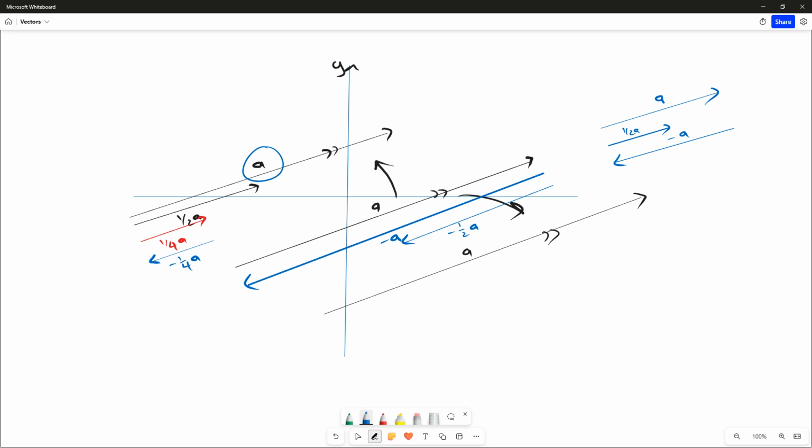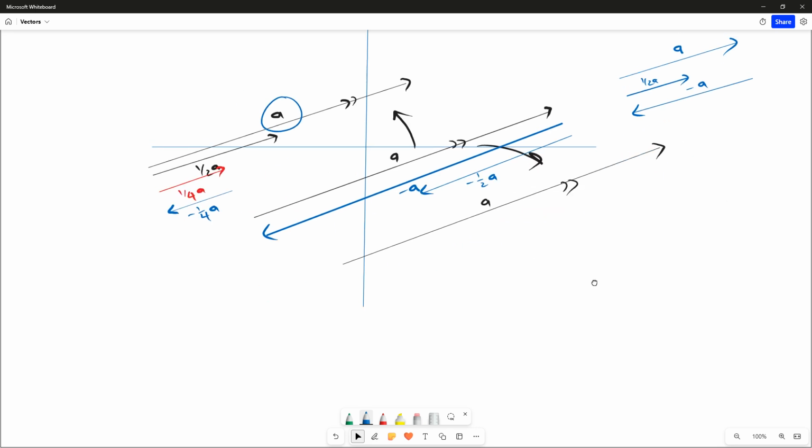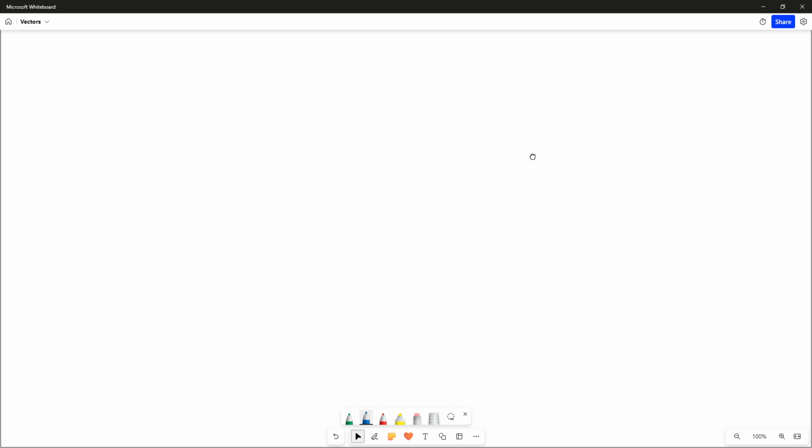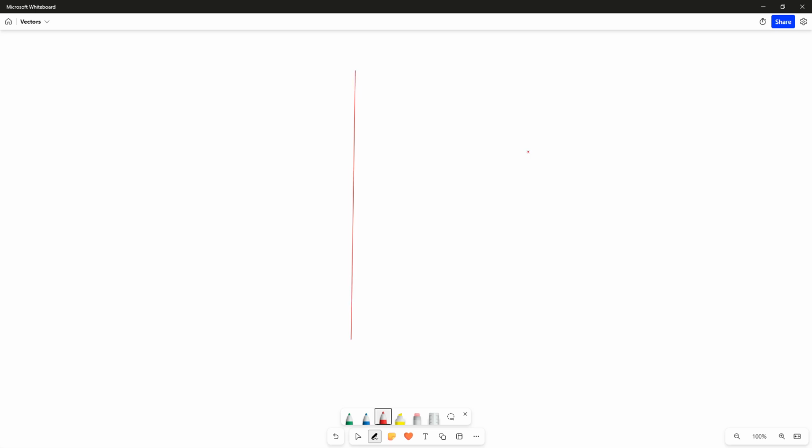And let's suppose I have a situation below, which I've just scrolled down. So let's say I draw another Cartesian plane. I've got an X and a Y. And I've got a vector that goes from here and from there to there.